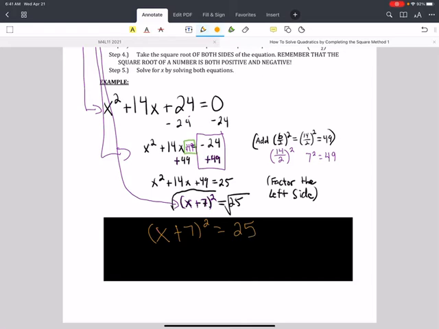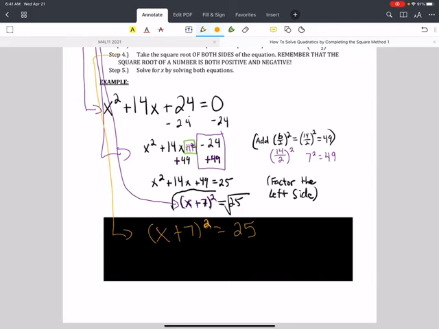In order to solve for x, we have to take the square root of both sides, because the only way to get rid of that square is to take the square root.